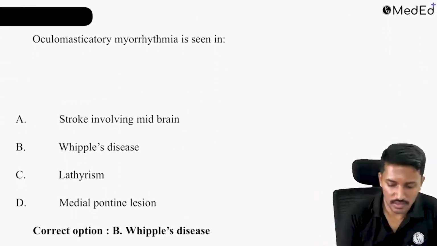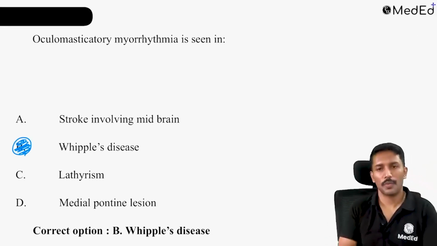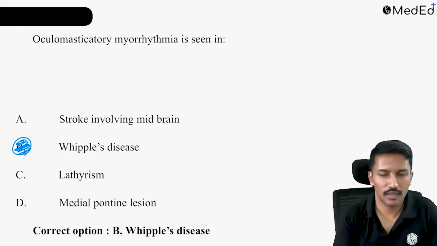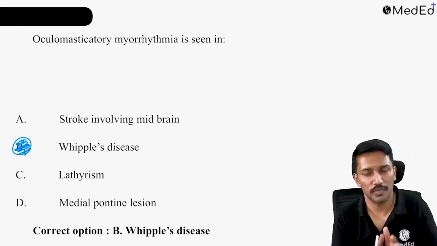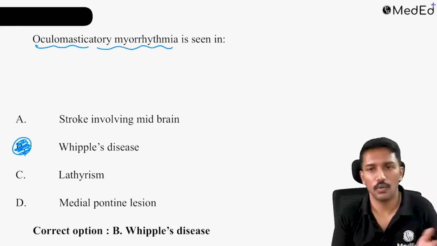Oculomasticatory myorrhythmia is seen in, right? So please remember Whipple's disease. We were talking about it in the very first question. Whipple disease does affect the brain, and that can lead to dementia and various manifestations. One of the neurological manifestations is oculomasticatory myorrhythmia. What happens here?